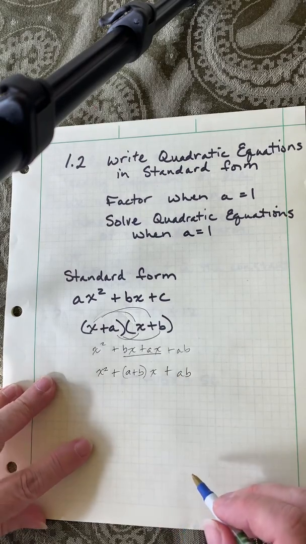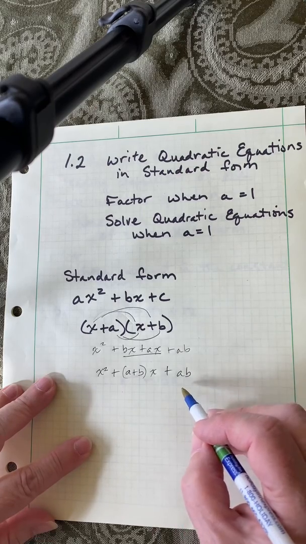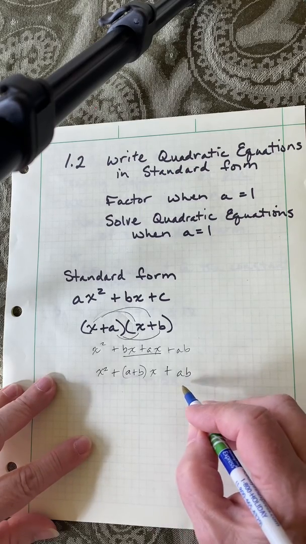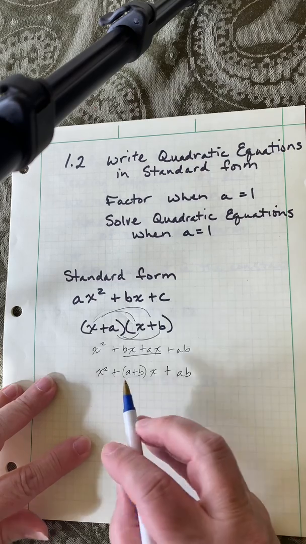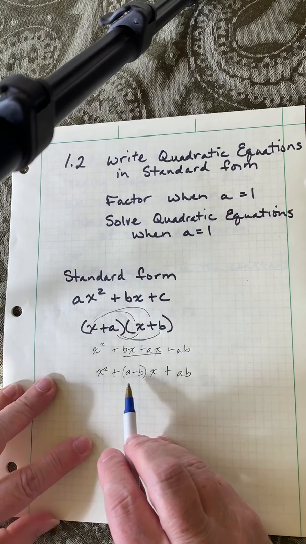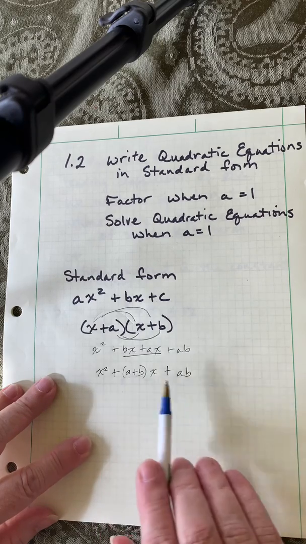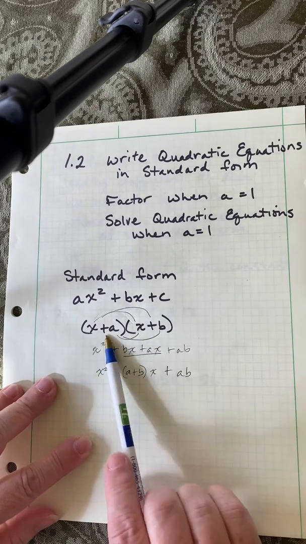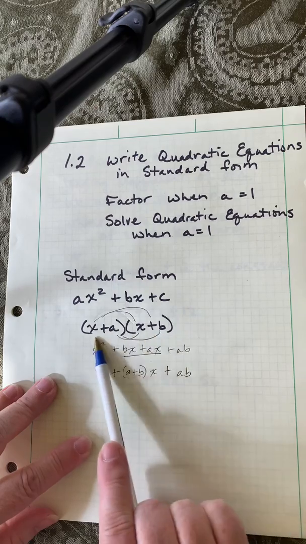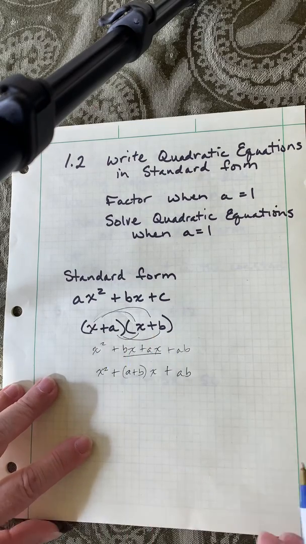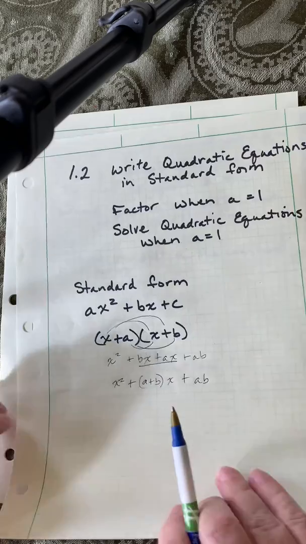Okay, so notice that right here, this is the product of a and b, and this is the sum of a and b. So if we can identify what our a and b are, all that we have to do is plug it into our template up here. All right, so let's see how that works.